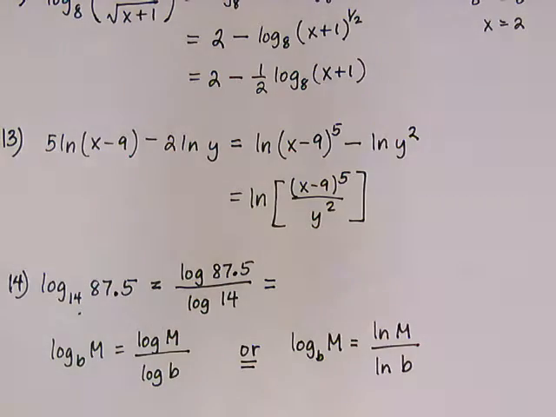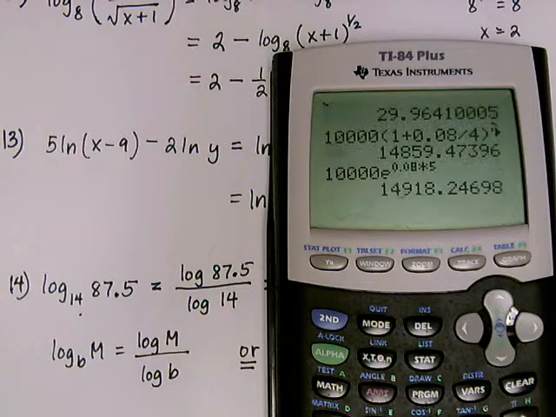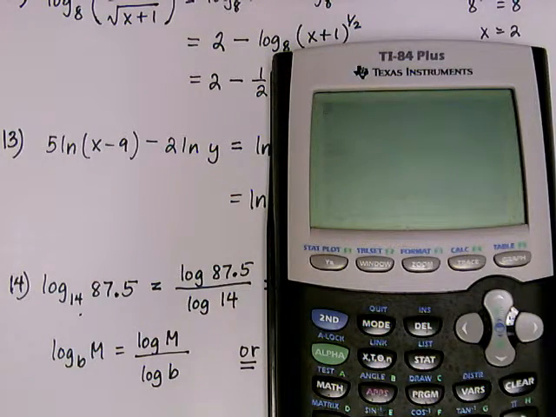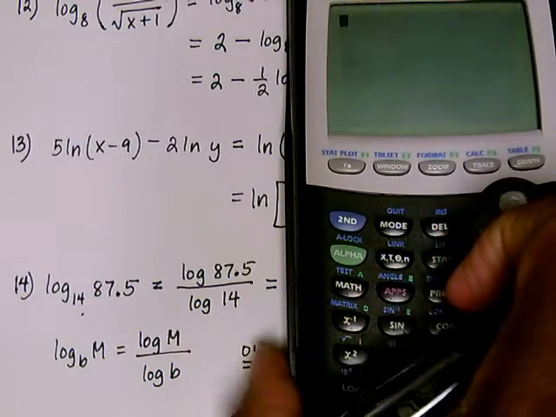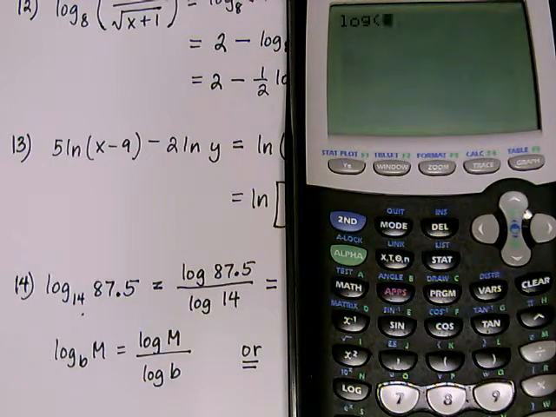And then I'd use my graphing calculator to enter this in to find out what that value is going to be. So in this case here, we're going to go ahead and press the log key, which is next to the number 7 key on the left-hand side, and then type in 87.5. But you have to close the parentheses around the 87.5, because you only want the log of 87.5.